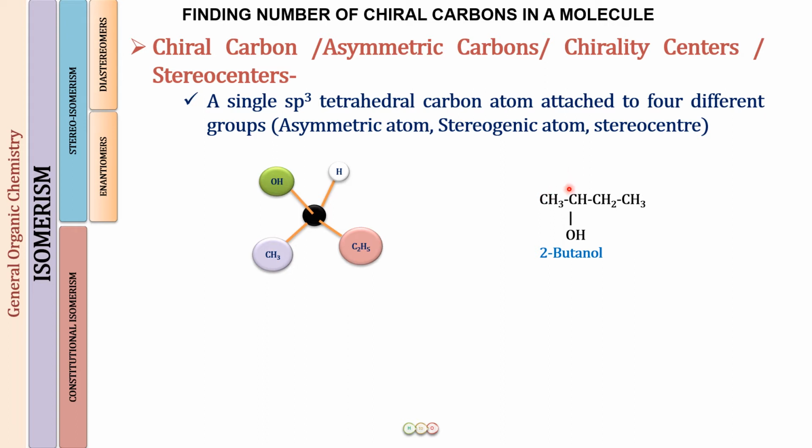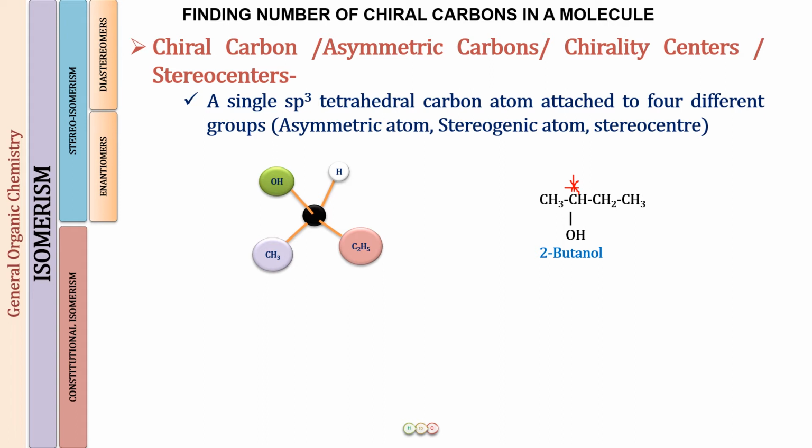So it is this carbon over here which is attached to a CH3, a C2H5, an H and an OH, and will be a chiral carbon, right? And we denote a chiral carbon by writing an asterisk over it so that we can identify it very easily.